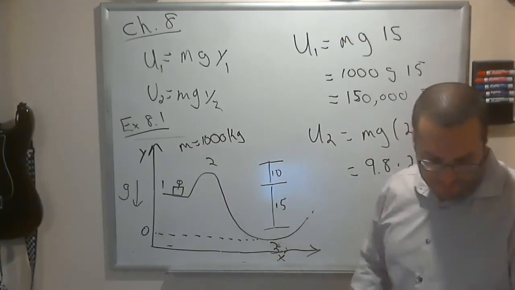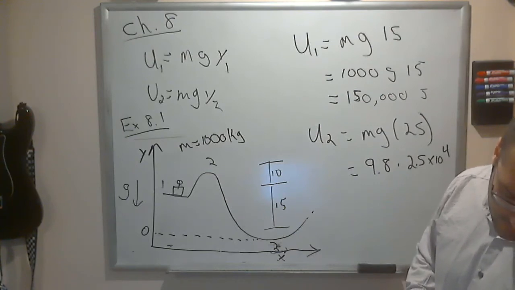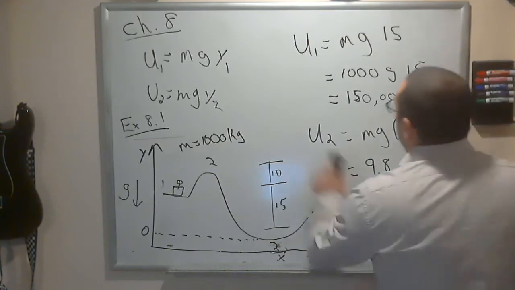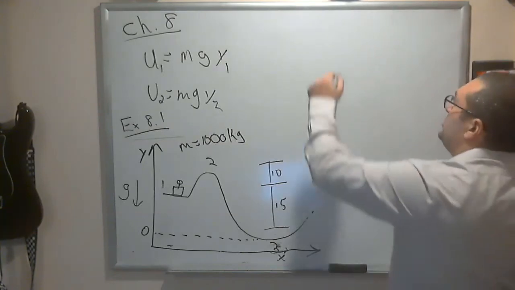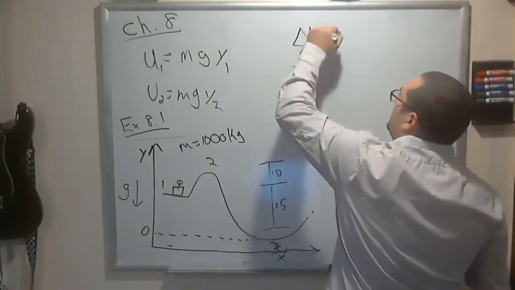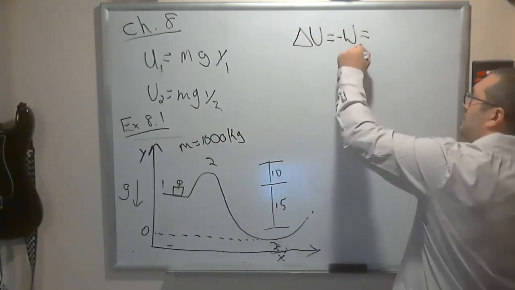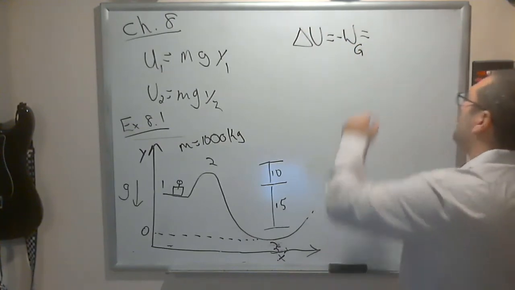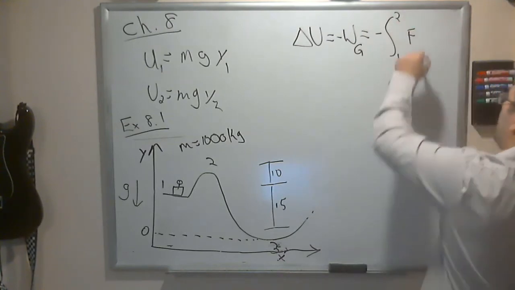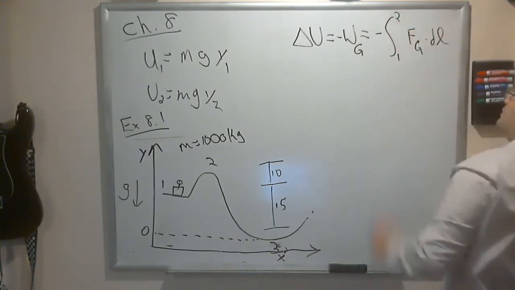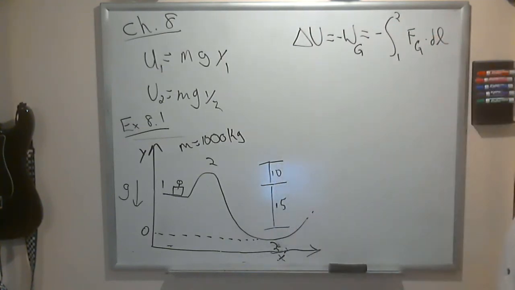So in general, the change in gravitational potential energy is equal to the negative work done by gravity, right? And this is equal to the force of gravity dotted with dl.